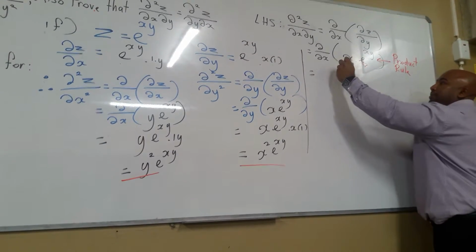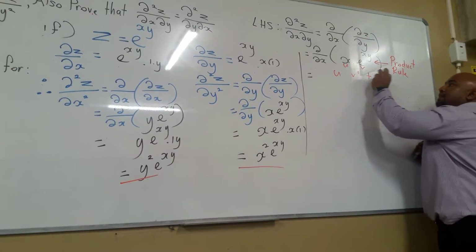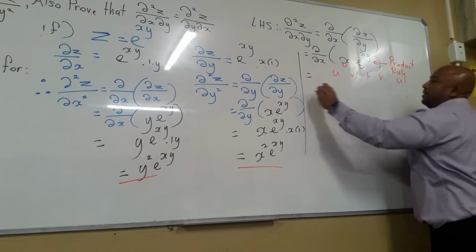So the product rule will be u v prime plus v u prime.